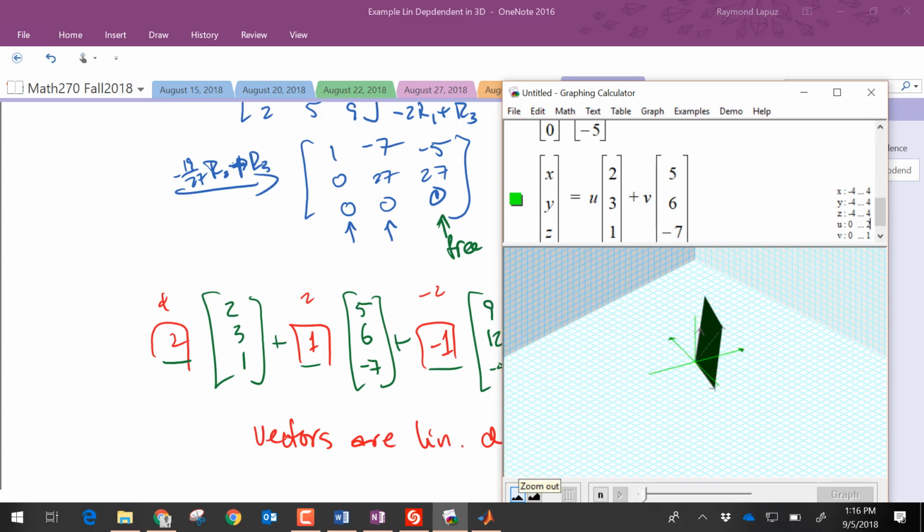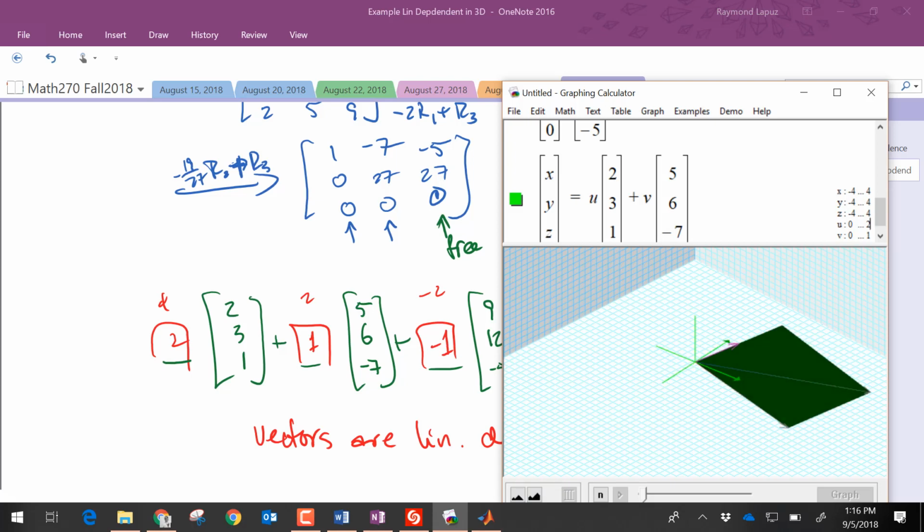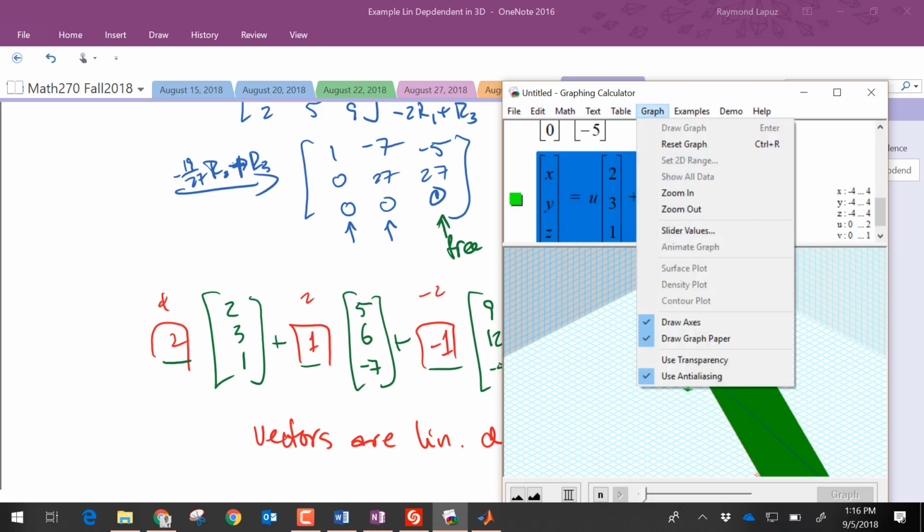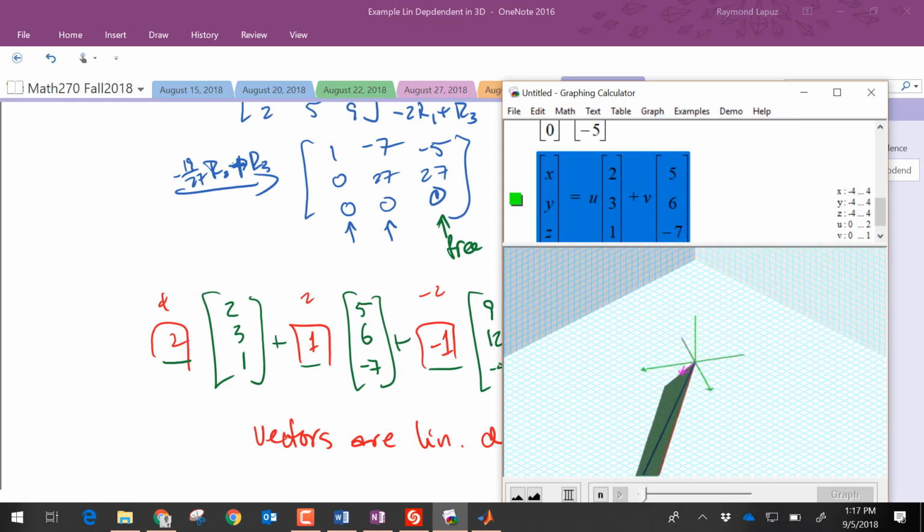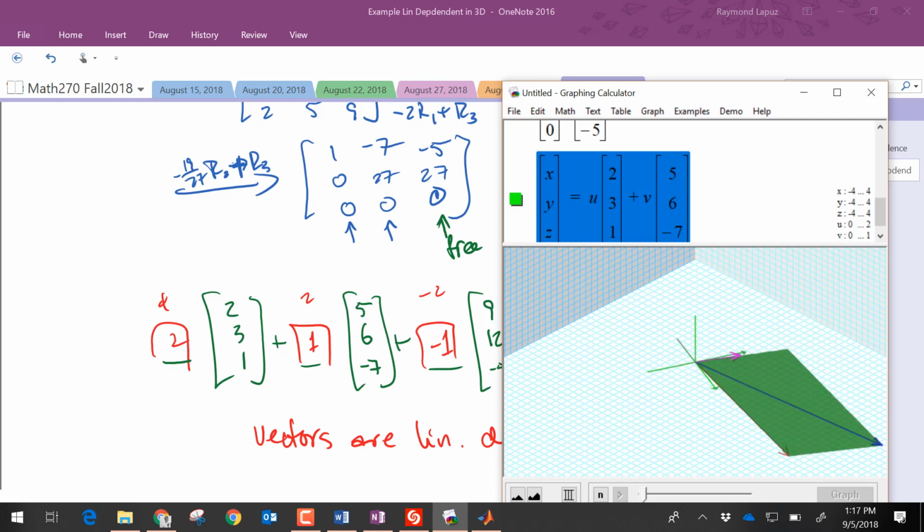Any questions? Yeah. Because they're linearly dependent, yes. If all three of them are linearly dependent, then the three of them will be coplanar.